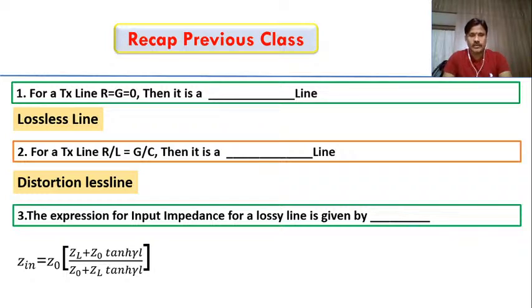So like that we have to remember. For a lossy line the tan hyperbolic function comes into picture, whereas for a lossless line, in place of tanh gamma L, you will simply get j tan beta L. That we will see in the next slide.